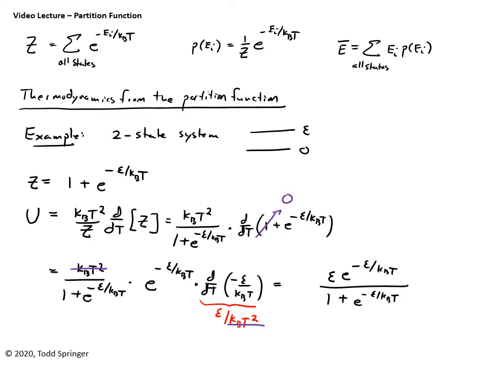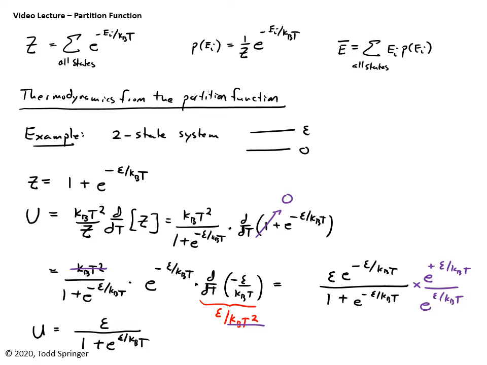You can make this a little bit simpler by multiplying by e to the epsilon over kBT on the top and the bottom. And then I get u is equal to epsilon on the top divided by 1 plus e to the epsilon over kBT.